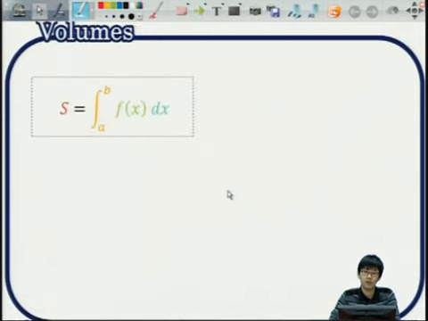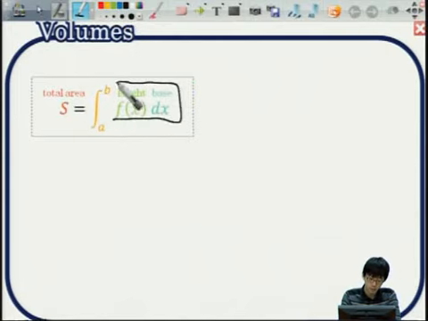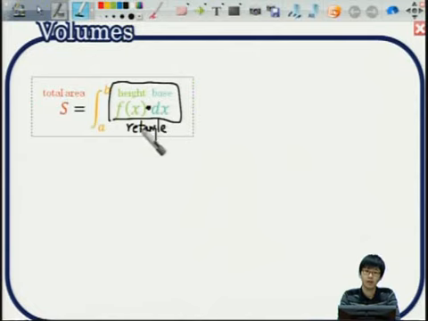Now we are going to look at volumes. Total area was height and the base. Multiplying these two components gave a rectangle, right? And the sum was like this.